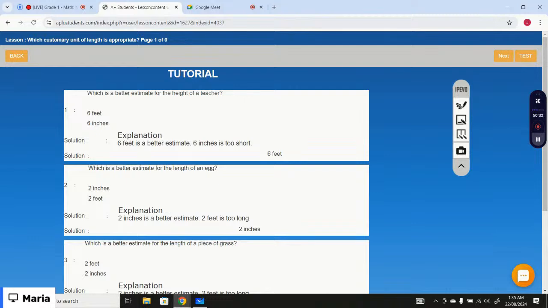The correct option is 2 inches. 2 feet is too long for the length of an egg, right? Okay, let's just start with the test questions.